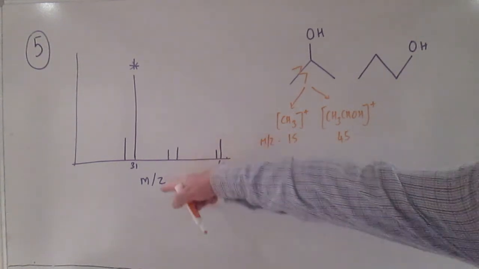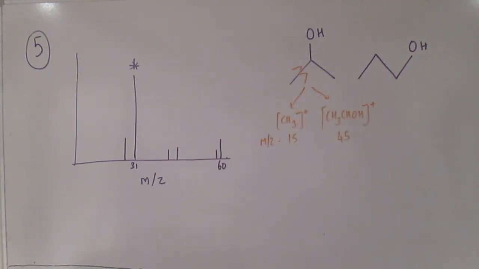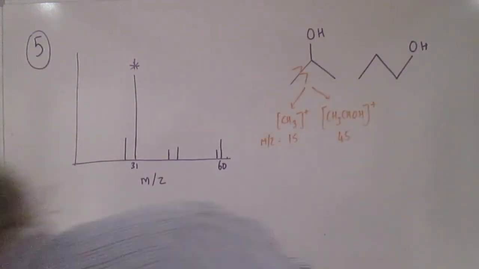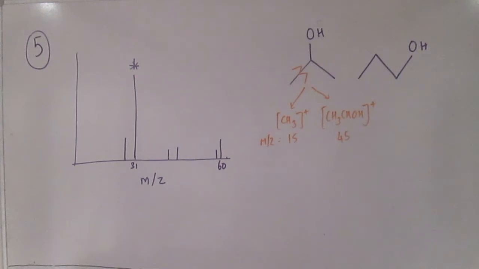So neither of those corresponds to one of those tall peaks. You can actually see a smaller peak at 45, so maybe, it doesn't rule it out, but it doesn't explain the 31 peak.